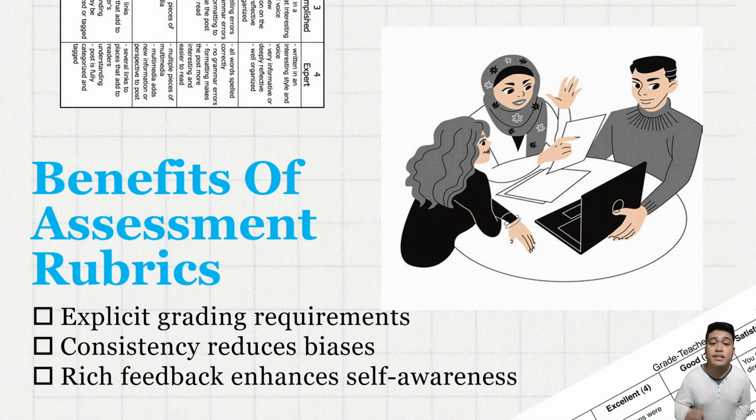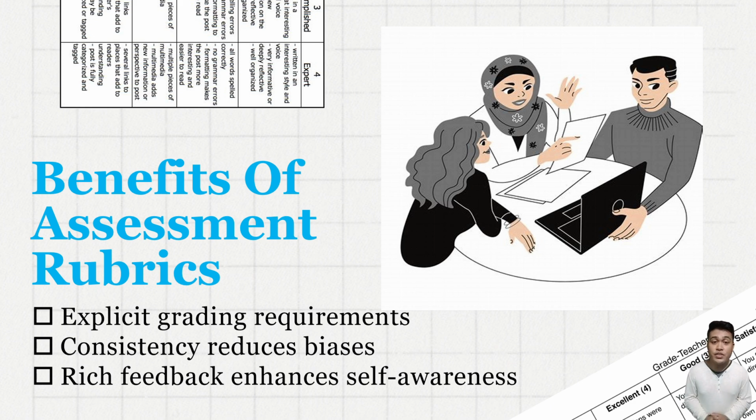Assessment rubrics provide a clear framework that benefits both students and instructors. For students, rubrics make grading requirements explicit, which helps them target their efforts and understand where they need to improve.